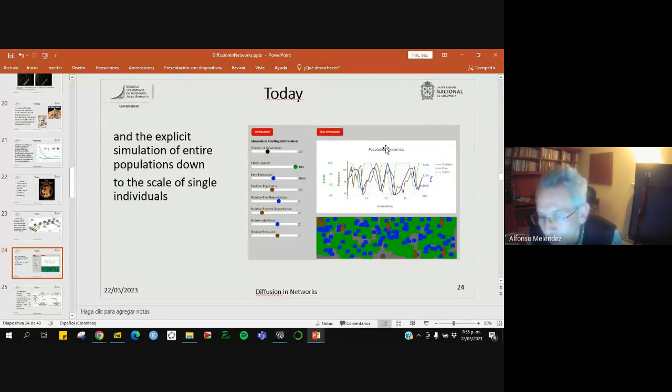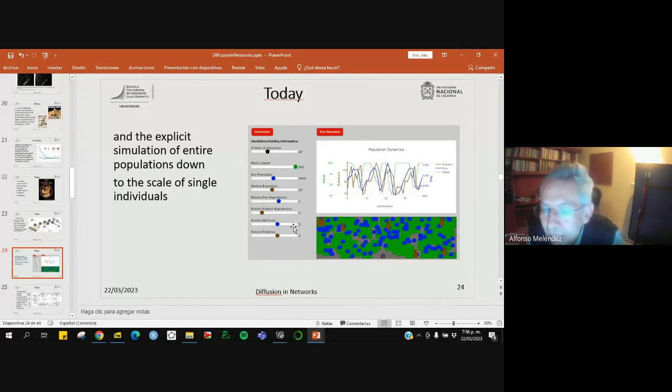We are in the world of simulations, and NetLogo is an example. And the explicit simulation of entire populations down to the scale of single individuals. Obviously, NetLogo and this type of simulation are toy simulations. There is software, AnyLogic, that can simulate very big epidemic processes.